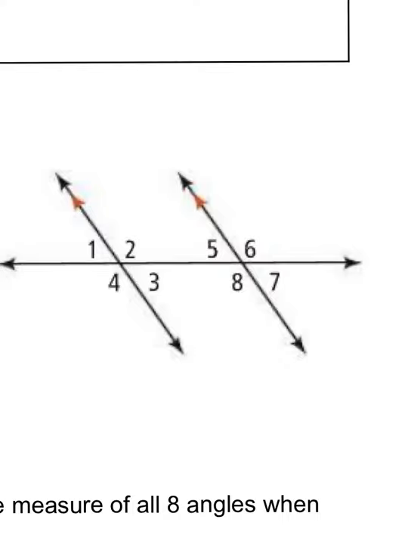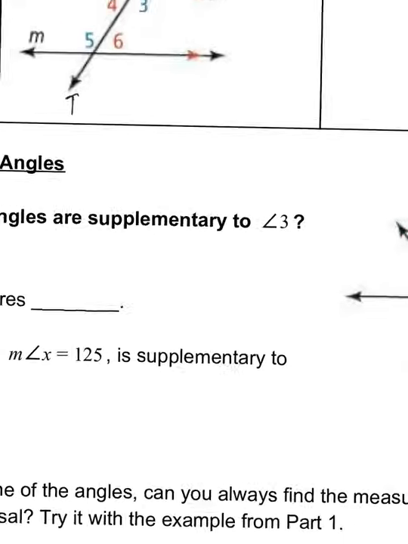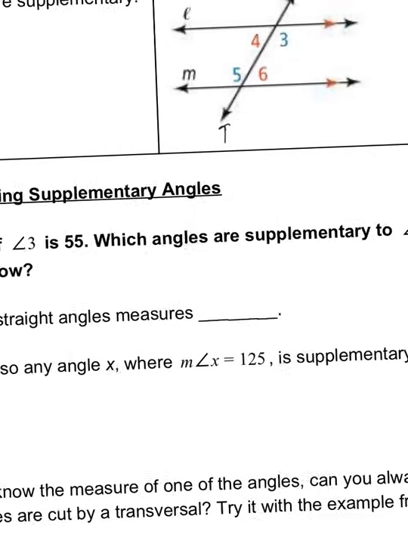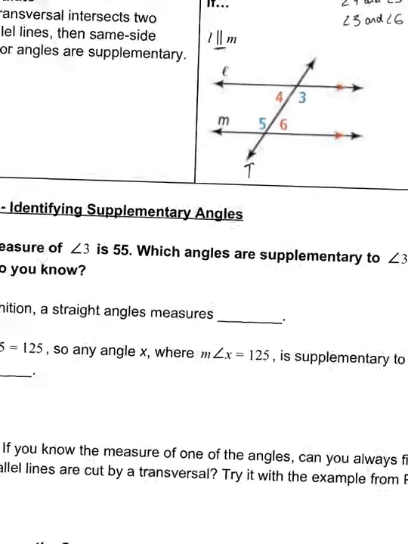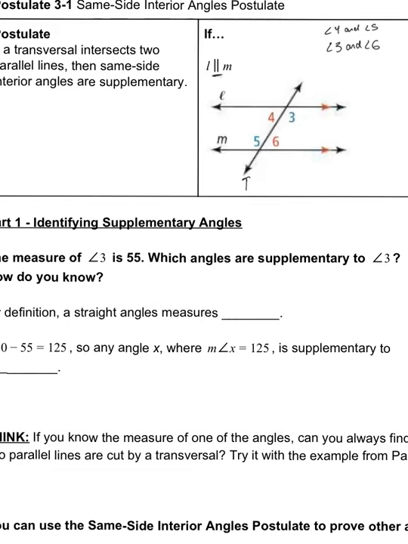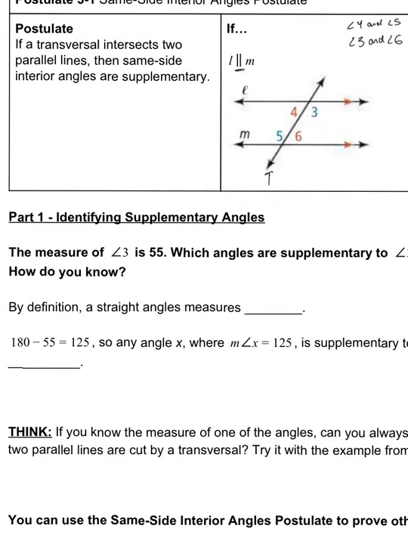So I'm going to move over to where the questions are asking. So it says the measure of angle 3 is 55 degrees. Which angles are supplementary to angle 3? How do you know? Okay. So by definition, a straight angle measures what? 180. Okay.